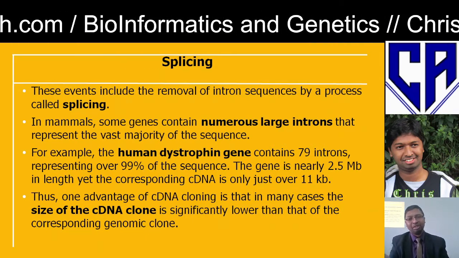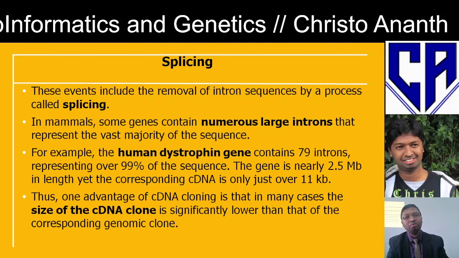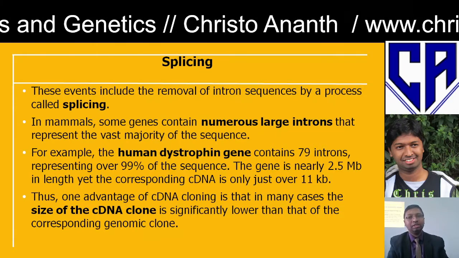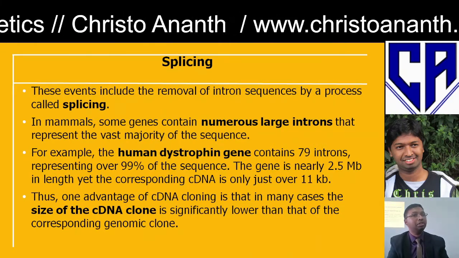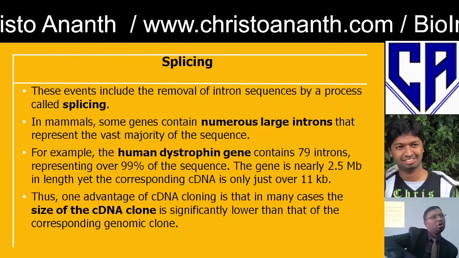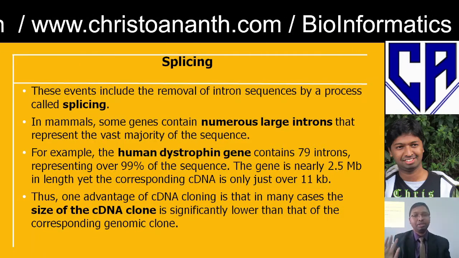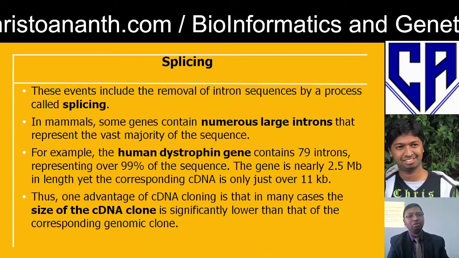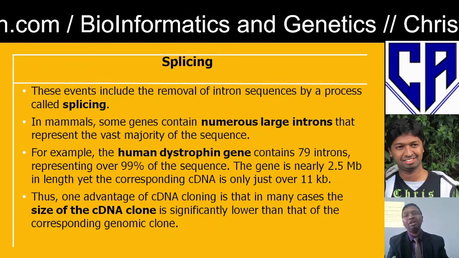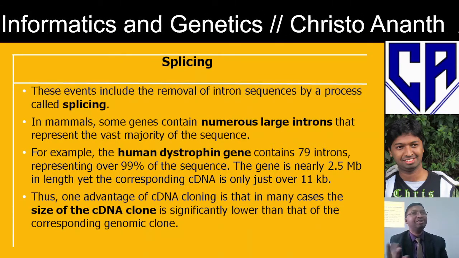For example, in the case of the human dystrophin gene, it will have 79 introns, so it will have more or less 99% of the sequence. The gene would be approximately 2.5 MB in length. It's not KB.